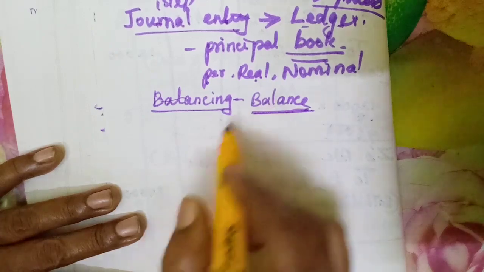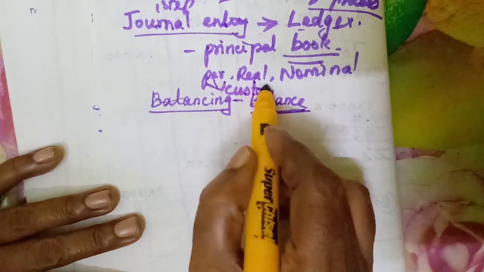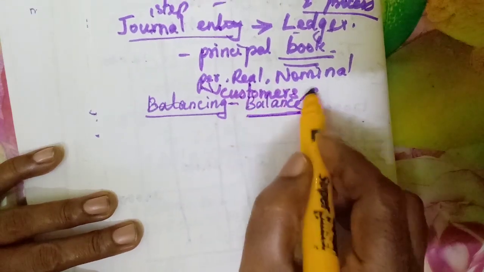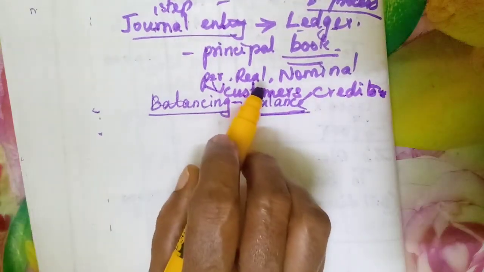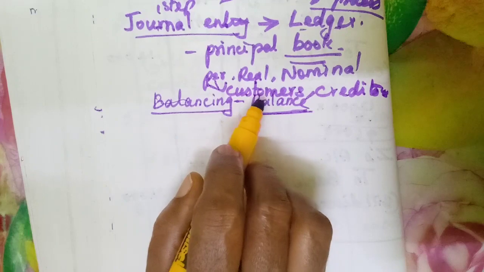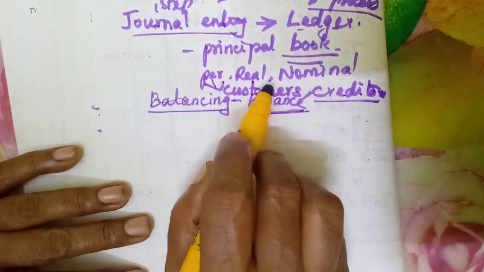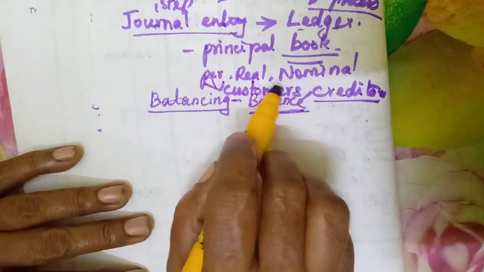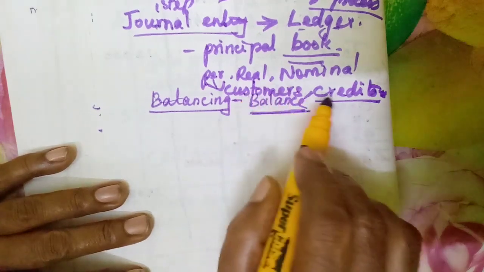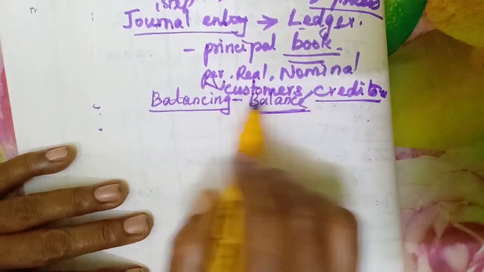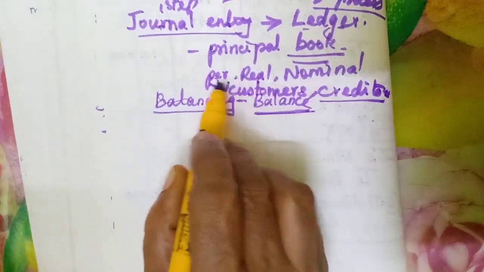In the personal accounts are customers and creditors. Customers are those we sell to on credit. Creditors are our suppliers from whom we make credit purchases. So the amounts due from customers and due to creditors will be known from the personal accounts.